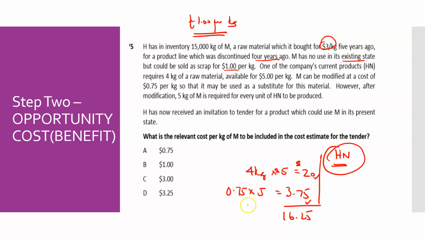In effect, what you've really done is saved yourself £16.25 divided by the 5 kilograms of M, because it's based on the units of M. And you would see that as a result of that modification, you have saved £3.25 on every unit of M. This is the big cost for you. You have saved £3.25, and that becomes the relevant cost. So the answer here is D.